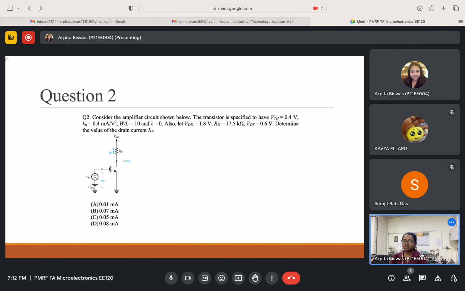Kavya? Ma'am, yes. Are you trying? Yes, ma'am. From the formula ID equal to Kn into W by L into VGS minus VTH whole square by 2, right? If it is in saturation, then just put the values in this equation.